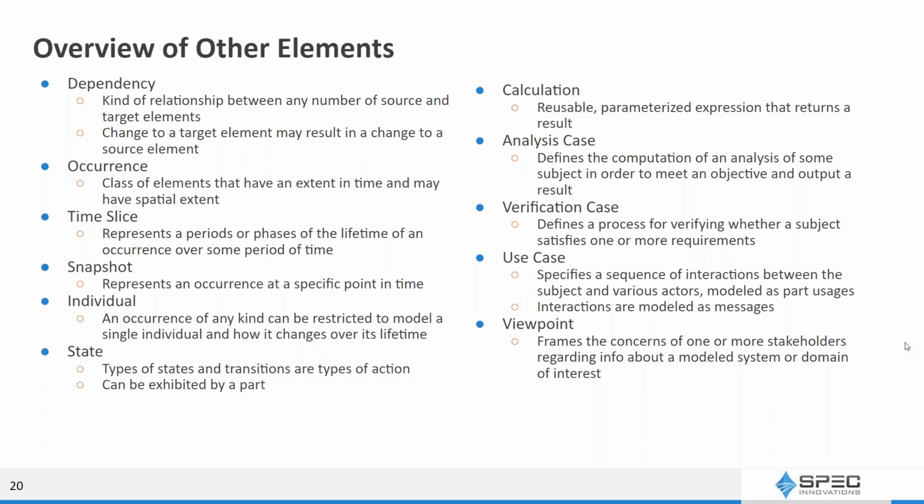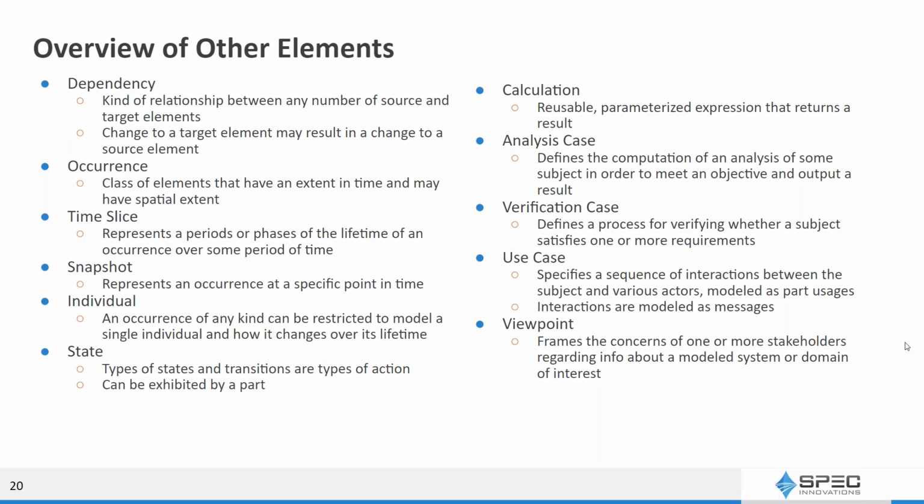So what does the system look like at time A? Connected to those is an individual, which is an occurrence of any kind that can be restricted to model a single individual and how it changes over a lifetime. So you can define an individual and then look at the snapshot or the time slice of that individual in the given system.